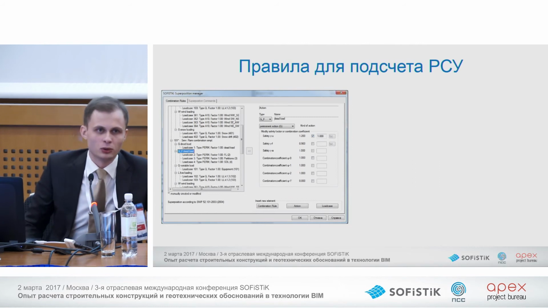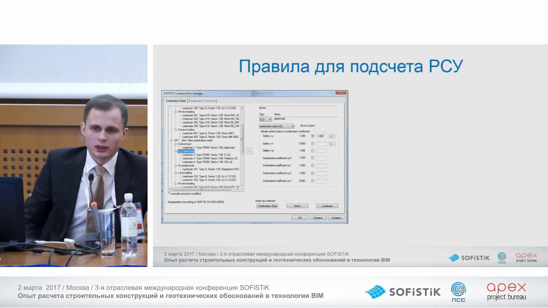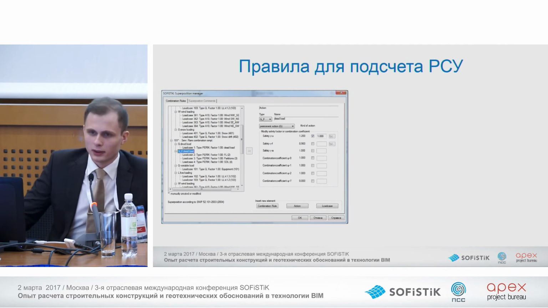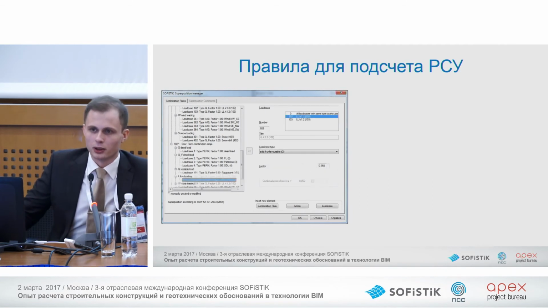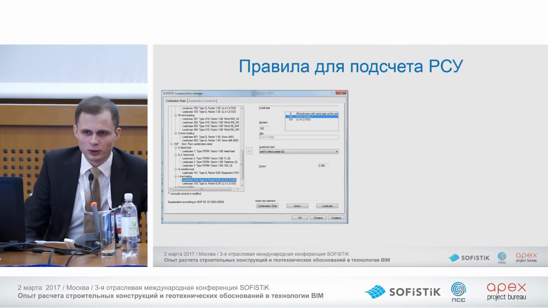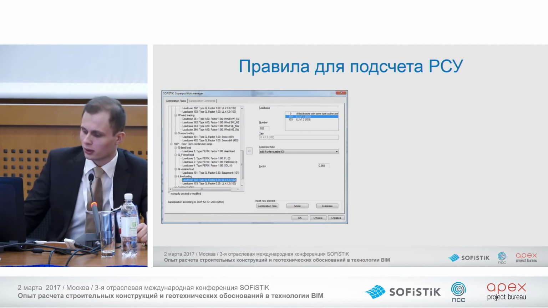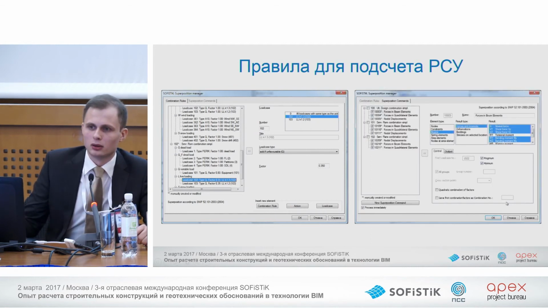So always put 1 in the load field by default. Secondly, please indicate the type of load: short-term, long-term, constant, temporary, wind, snow. When you want to reduce the load, then you have to take all that variety.